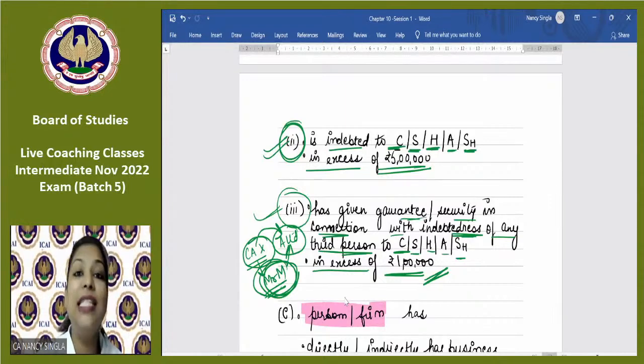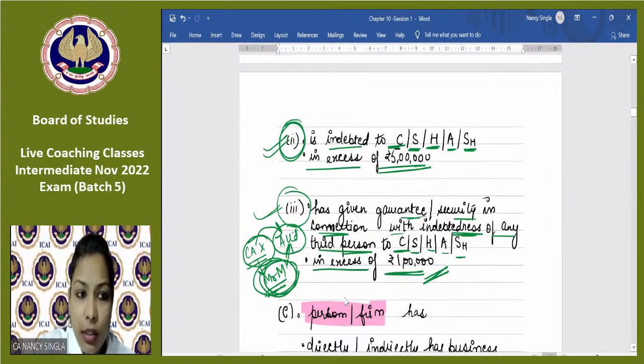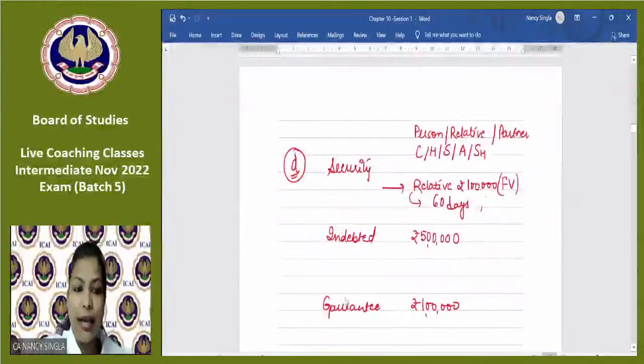Then how can CAX be independent? So there is what threat to independence in mind as well as in appearance. किसी को भी दिखेगा that okay, CAX is indebted to the company in appearance also and in mind of CAX also. ठीक है? So is it clear? So let us just look at point number D again. So see.